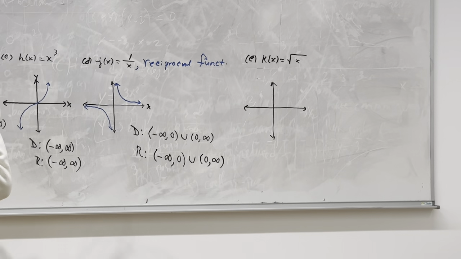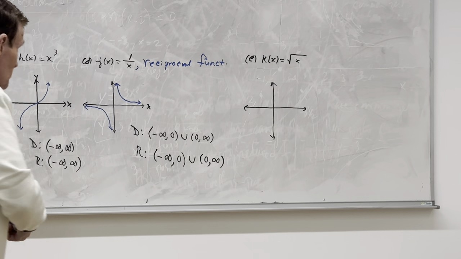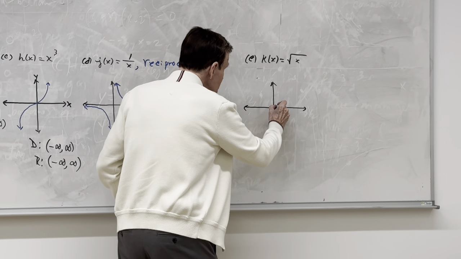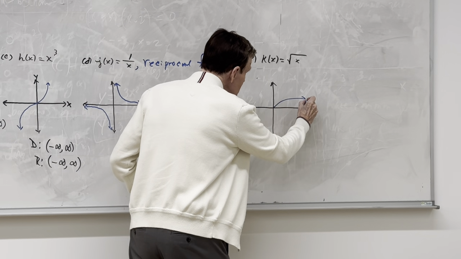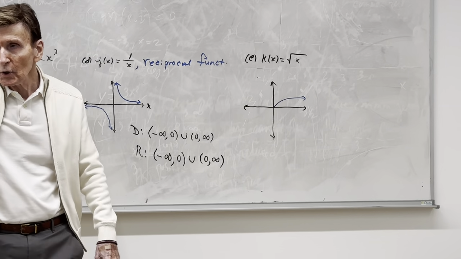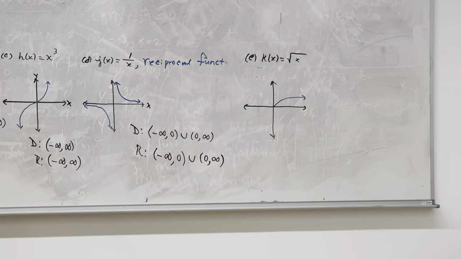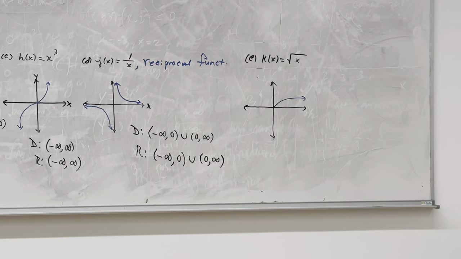Then we'll list the domain and the range. Yes, like this. I got you. Something like this. A little curve to it. Not a straight line, a little curve to it. That represents a square root of x.